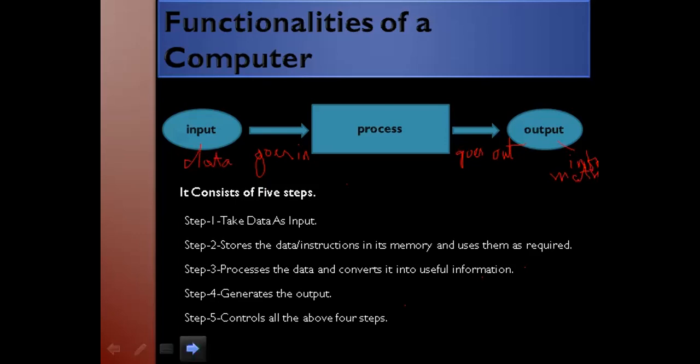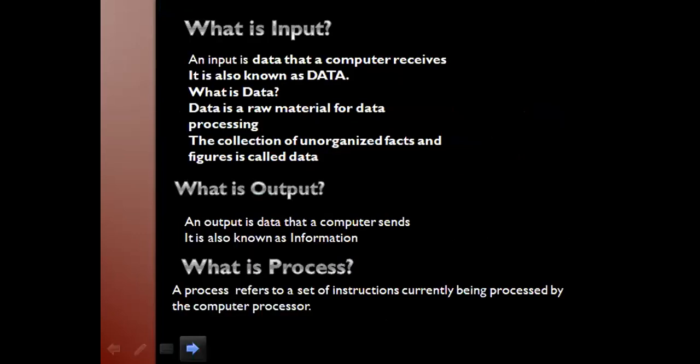Now we'll discuss what is input. An input is the data that a computer receives. The data that a computer receives is known as input. So what is input? It is known as data.